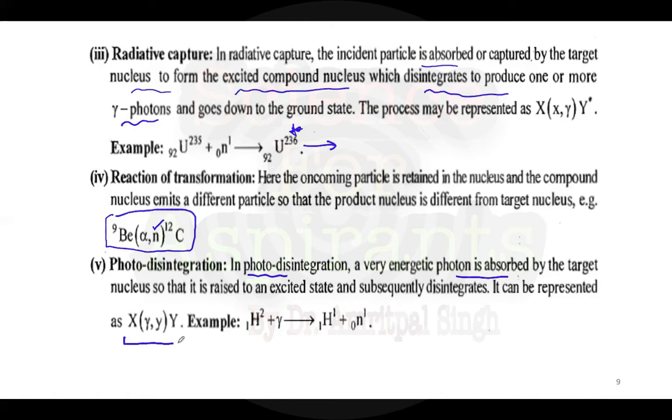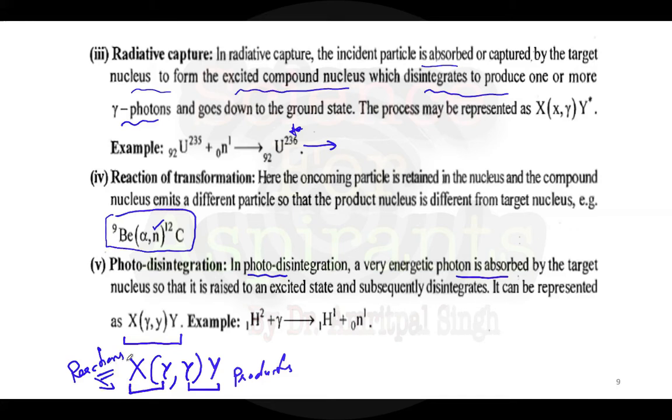In the symbol of this reaction, X and the first particle which I have written in the bracket are considered the reactants, and the second particle, again the gamma photon which is being emitted, and Y, these two are generally considered the products.